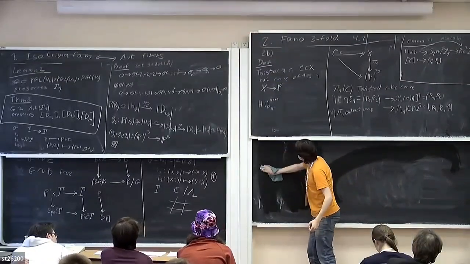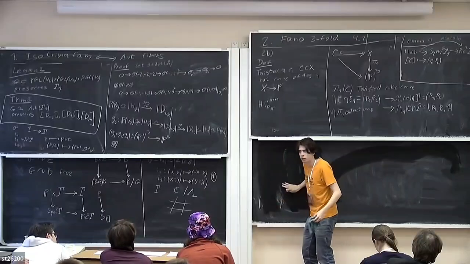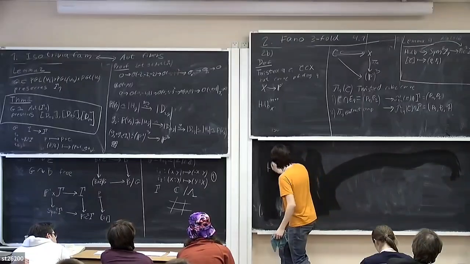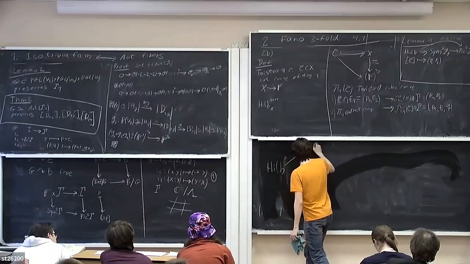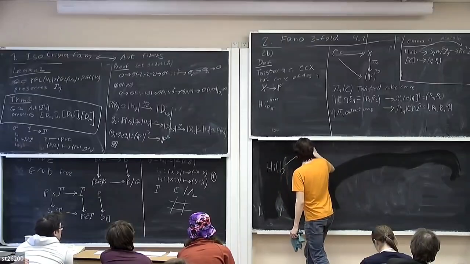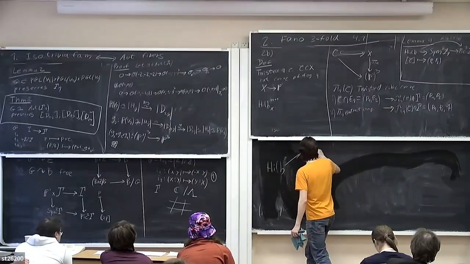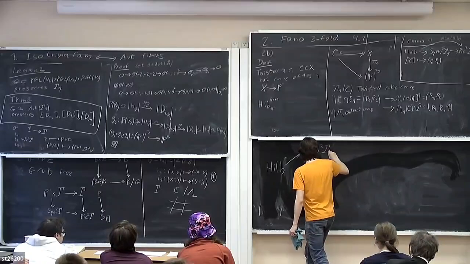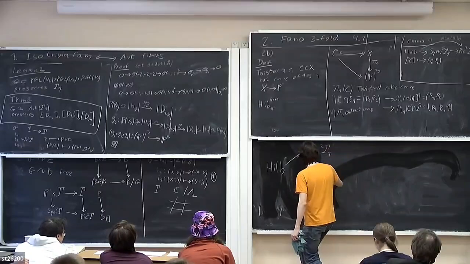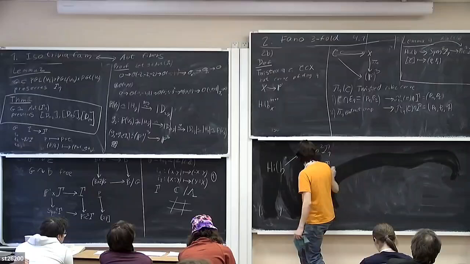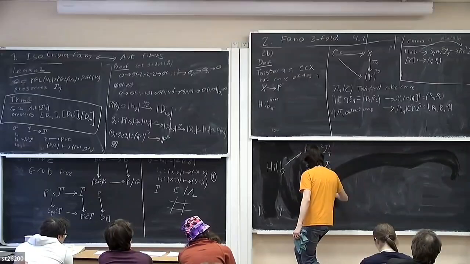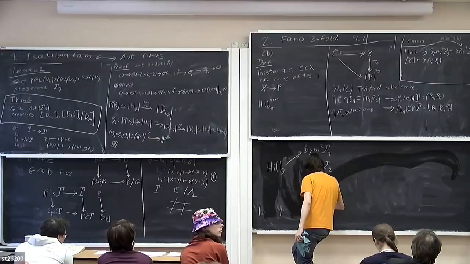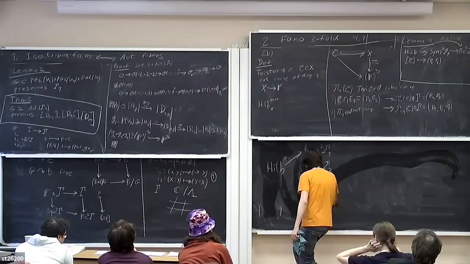And we can do this for each of the 4 projections. So we have the Hilbert scheme here, and we have 4 maps, 1 to the symmetric square of gamma 1, the symmetric square of gamma 2, gamma 3, gamma 4.